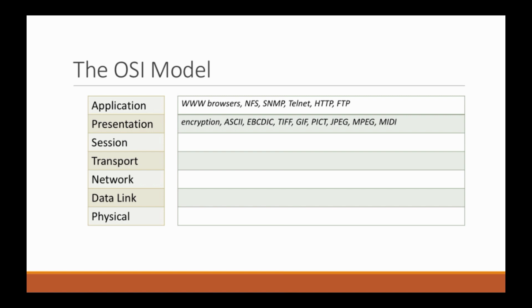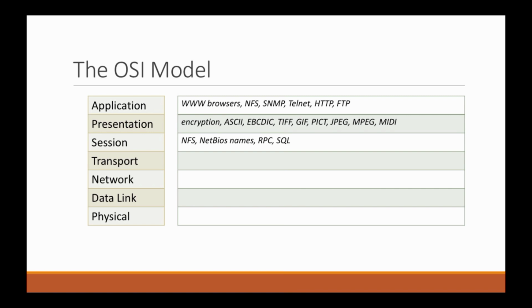And then we have the session layer. The session layer establishes, manages, and terminates connections between applications. It sets up, coordinates, and terminates conversations, exchanges, and dialogues between applications at each end, and it deals with session and connection coordination.